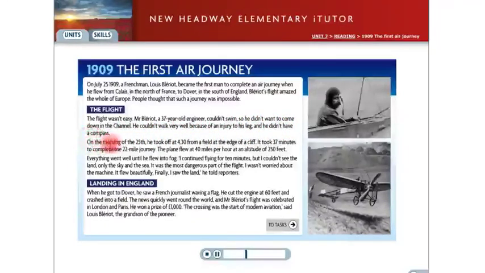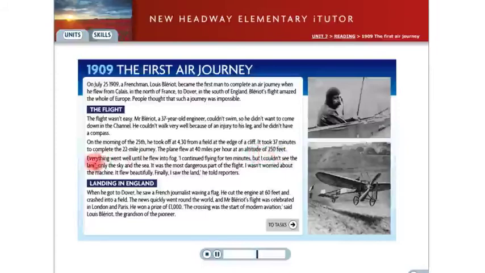On the morning of the 25th, he took off at 4:30 from a field at the edge of a cliff. It took 37 minutes to complete the 22-mile journey. The plane flew at 40 miles per hour at an altitude of 250 feet. Everything went well until he flew into fog.